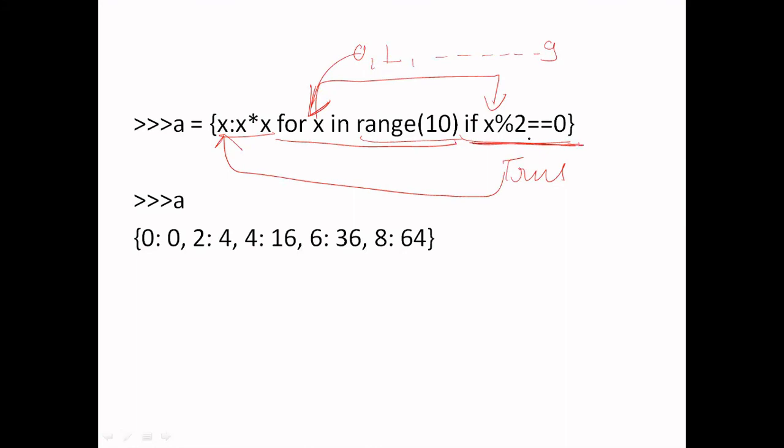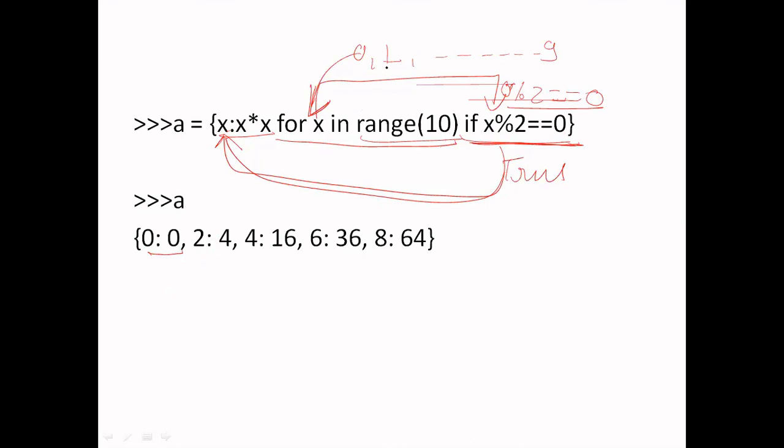and then this condition will be evaluated. That means x mod 2 equals 0. For the first value, 0 mod 2, this will return true. So this value of x will be assigned here. So x colon x square, that means 0 colon 0 square, becomes 0 colon 0, that means the first element of this dictionary.